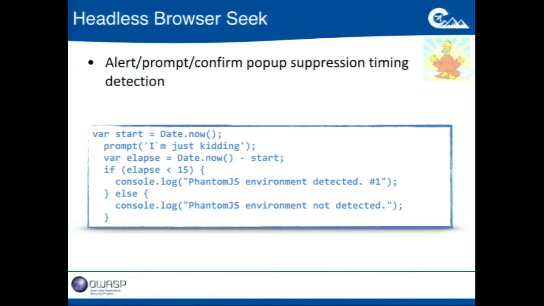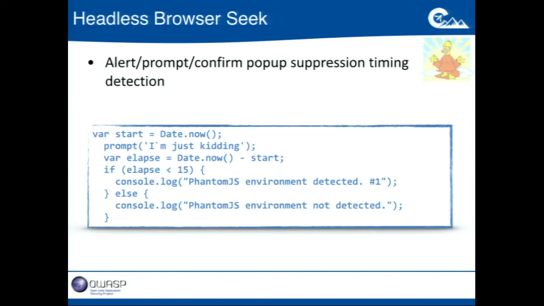So we can just start measuring it, right? And code like that would just measure the difference between creating the actual alert and when it was back. And if it's something like less than 15 milliseconds, then probably it's a bot or PhantomJS or just another bot in general. So it looks like a hard problem for you to circumvent.